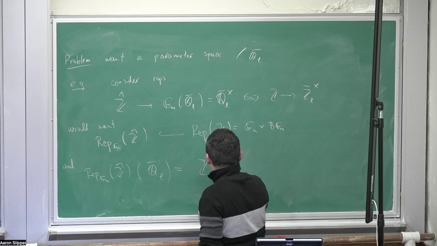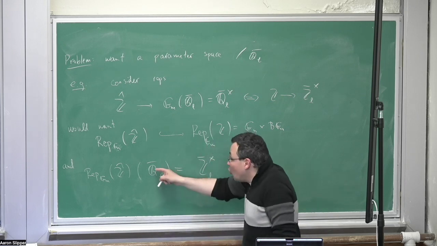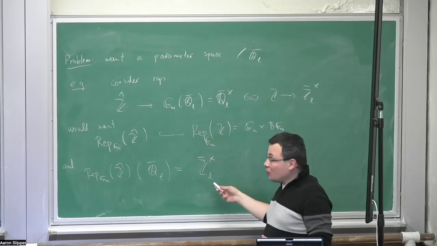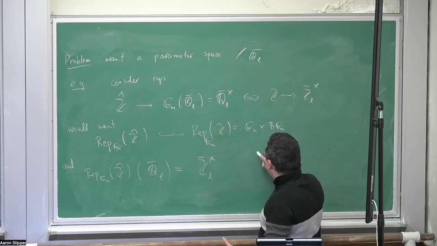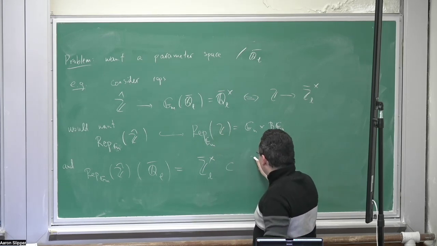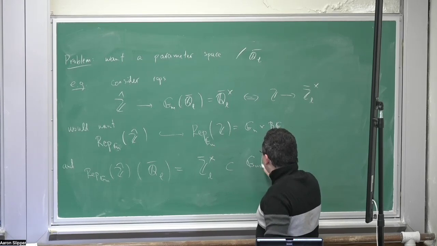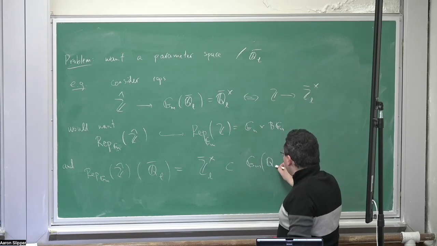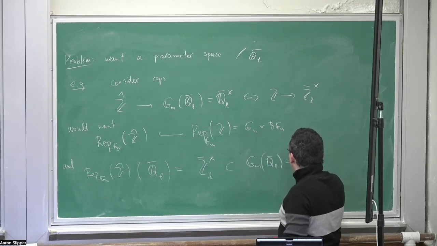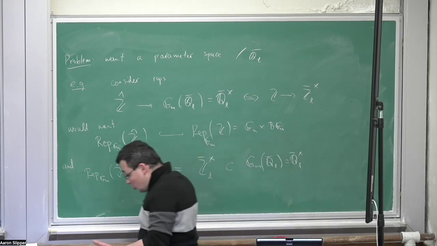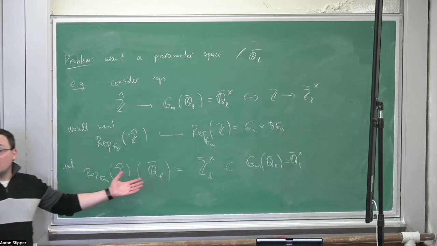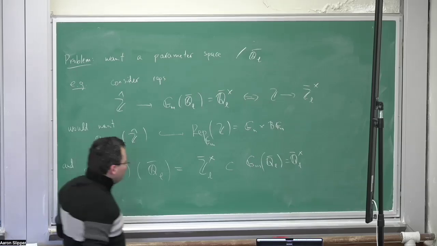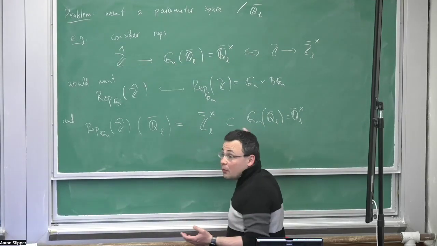So the Q_L bar points of this should be Z_L bar cross. I'm ignoring this part. And of course, there's no stack or scheme of finite type that does this. This is just impossible. Seemingly, there's no way to produce something reasonable that will do this.